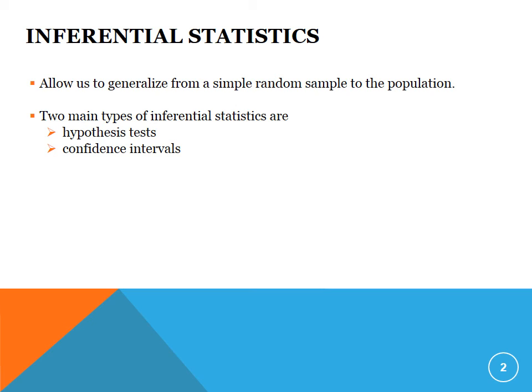So inferential statistics, though, can also be viewed in terms of confidence intervals, which we'll learn about in this class, and hypothesis testing, which is what we already did with chi-squared. We're just going to do it again here with regressions.